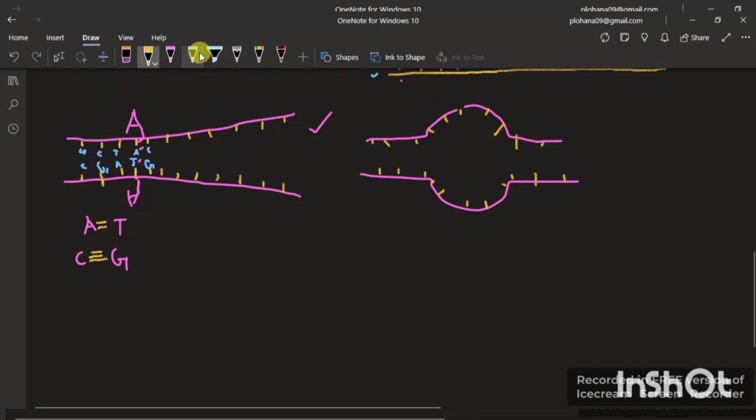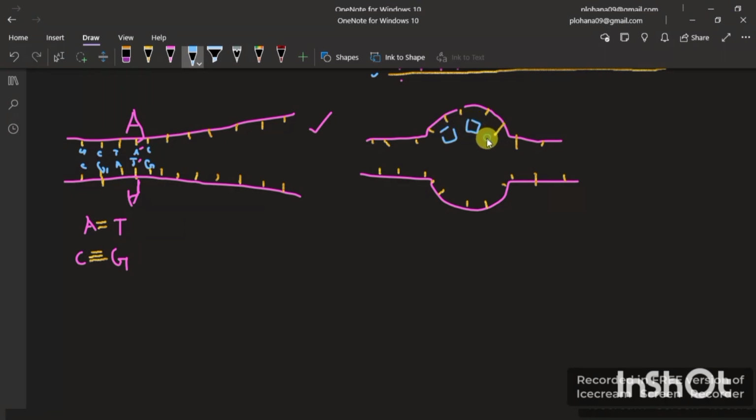So now what we have to do is put the proteins here. Those proteins are called SSB proteins, which are single strand binding proteins. I'm just going to put these here: single strand binding protein, also known as SSB, so that it cannot attract towards its complementary strand.